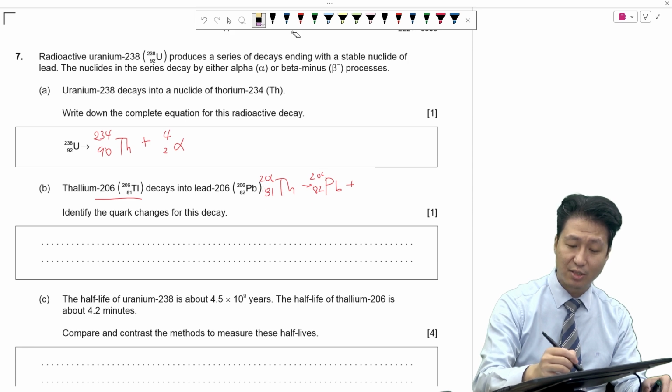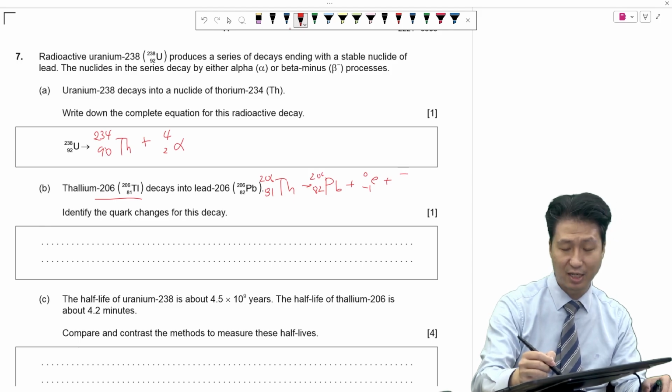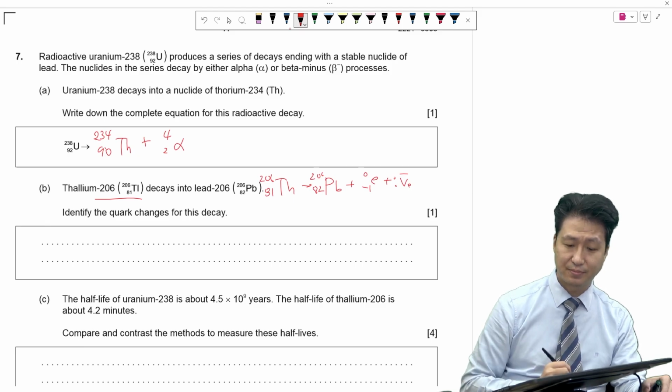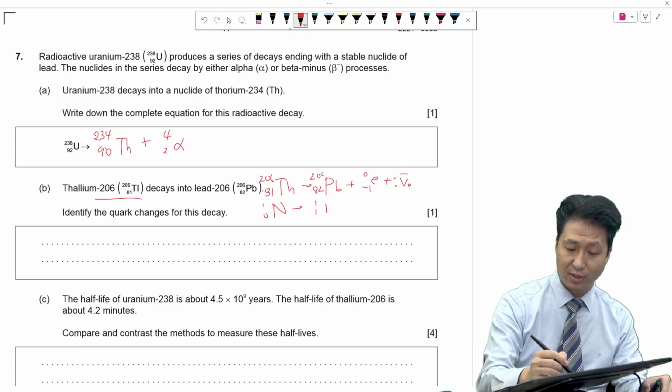In order to keep the charges the same on both sides, you have to add an electron here, and an anti-electron neutrino. Okay. So basically, you're adding a proton, so a neutron is turning into a proton.